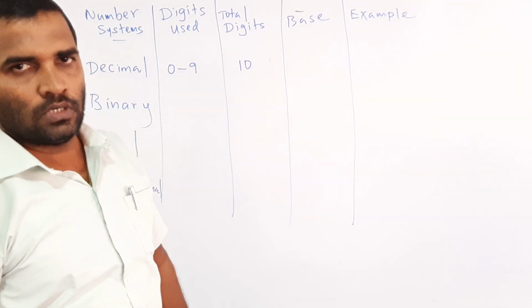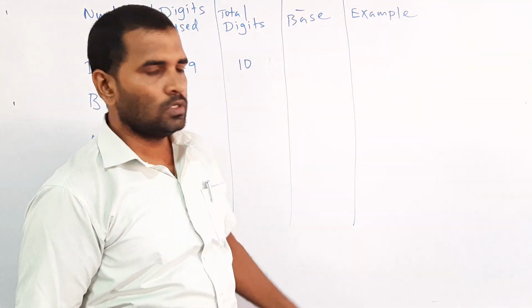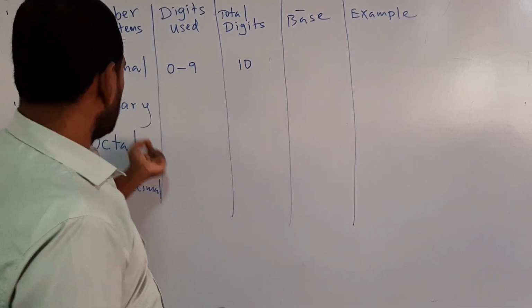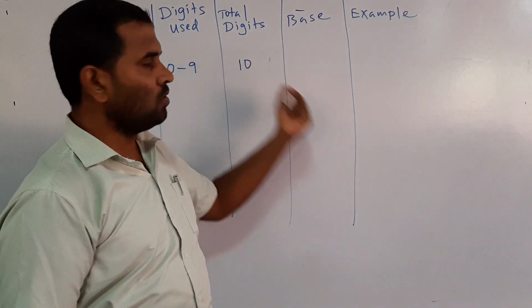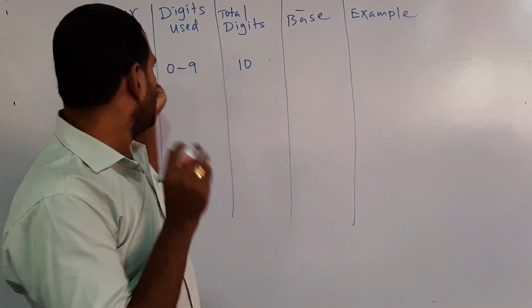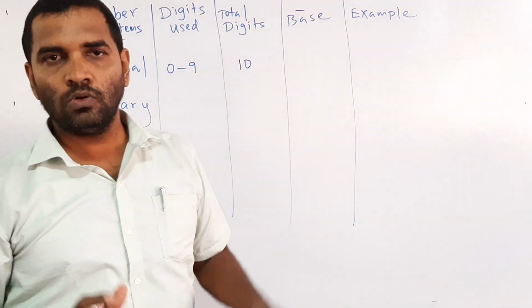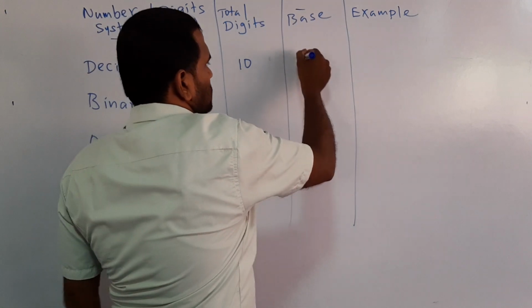As I told you earlier, every number system has a base value. So look here, the base value for each and every number system should be the same as the total digits used in every number system. For example, look at the decimal number system. It has 10 digits, total digits are 10. So the base must be 10.